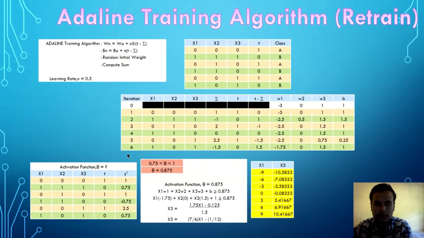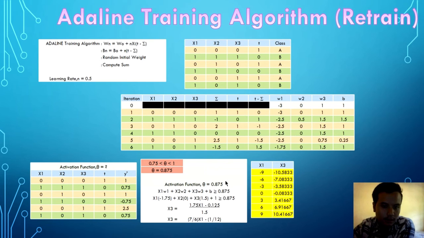After we have done the iteration, we need to find the activation function. The values that we are going to use are W1 -1.75, W2 0, W3 1.5, and the bias is 1.